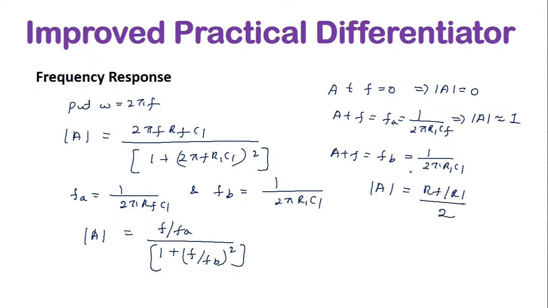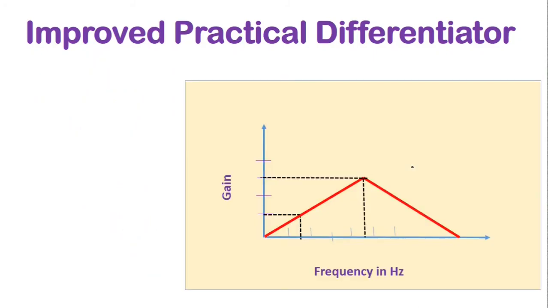Okay, now using this value we can draw the frequency response of the improved practical differentiator when both the corner frequencies f1 and f2 are equal to single frequency fb. So this is the magnitude or frequency response of the improved practical differentiator when f1 is equal to f2 is equal to fb. Here we have represented frequency in hertz on the x-axis and gain, which is the magnitude of gain, on the y-axis.